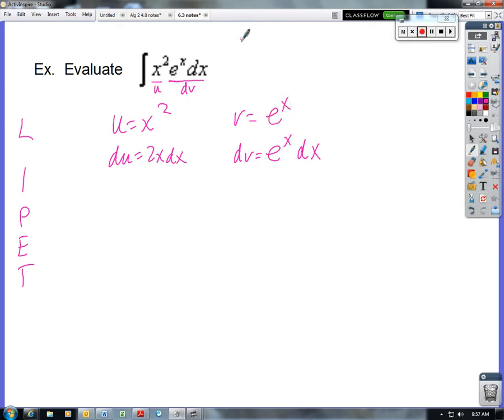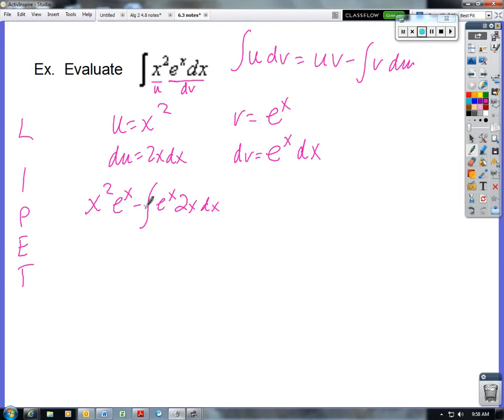Let's again write the formula for parts. Integral of u dv equals uv minus the integral of v du. So I've got u times v minus the integral of v du. What do you think about that?